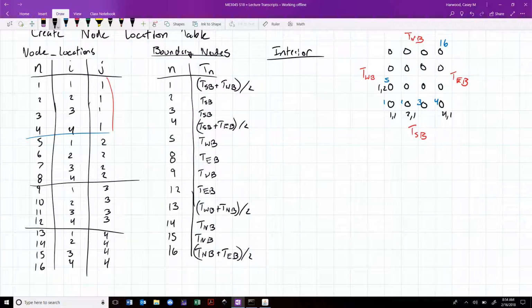So if we take this vector and we eliminate all the ends, then what we have left over are the interior nodes, which are, in this case, 6, 7, 10, and 11. And here, we don't yet know the temperature. So just leave it as a column vector.